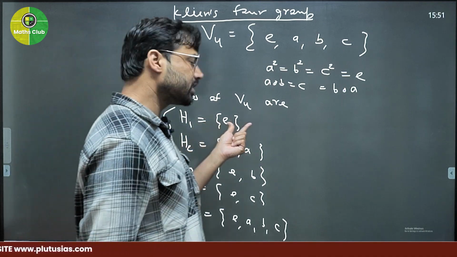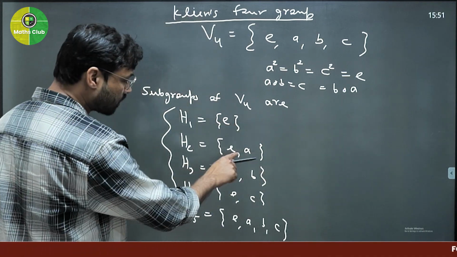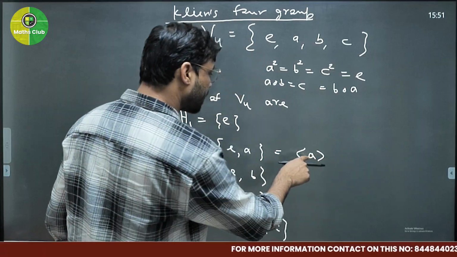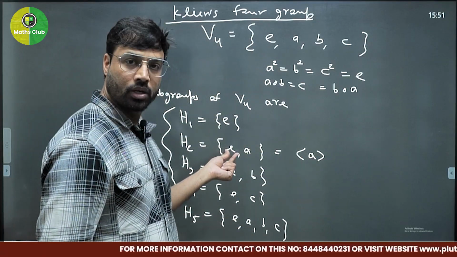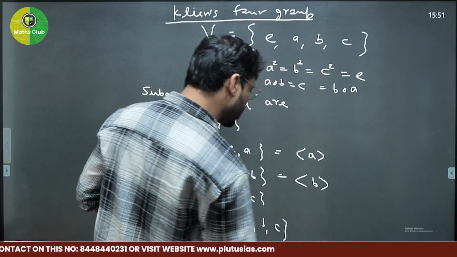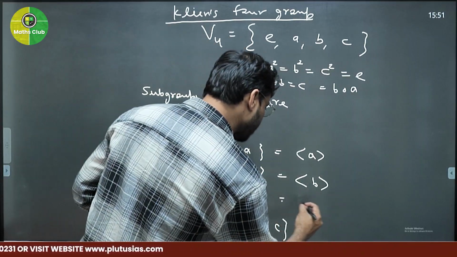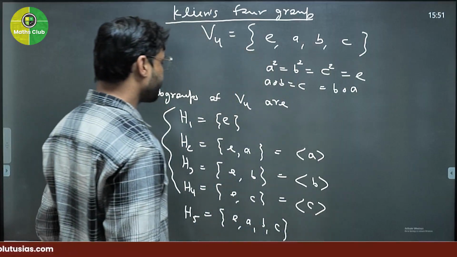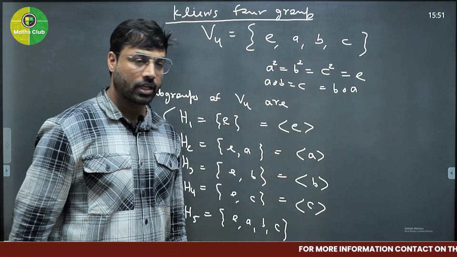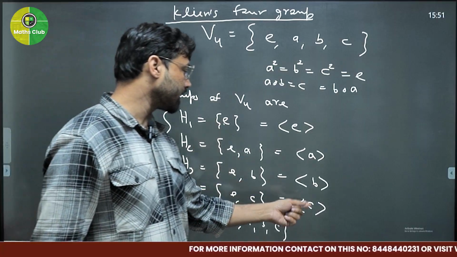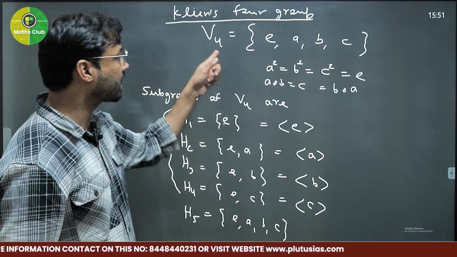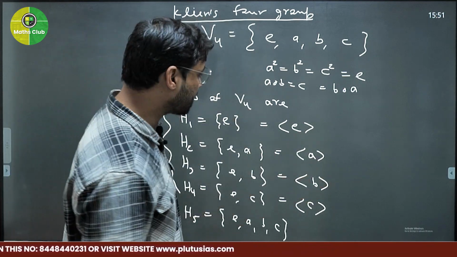This subgroup is generated by e, this one is generated by a, as you can write a and a square equal to identity, this is generated by b, this is generated by c. That means these are subgroups generated by single elements. So all 4 proper subgroups of Klein's 4 group are cyclic.